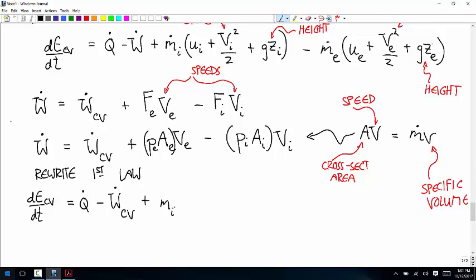So we have the mass dot at the inlet times (u_i plus P_i v_i plus speed at i squared over 2 plus g z_i).